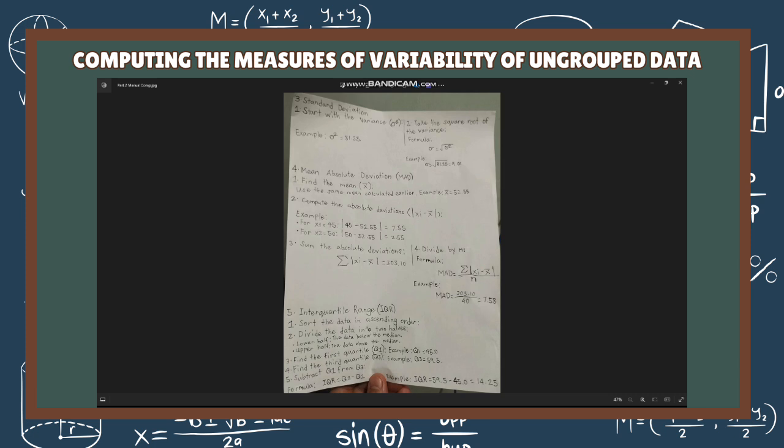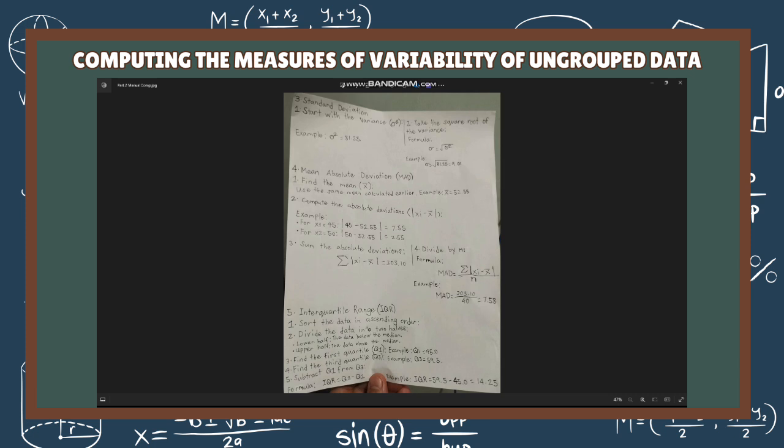So our formula, interquartile range equals Q3 minus Q1. Then example, IQR equals 59.5 minus 45.0. Then that's our interquartile range, 14.25. The explanation is that the IQR is useful for identifying the spread of the central portion of the data, ignoring outliers.